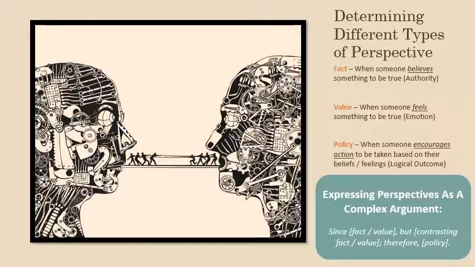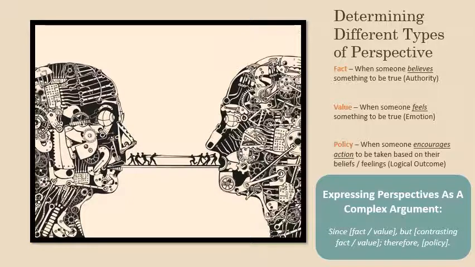So when we express that as an argument, so once we figure out what is this person's perspective, or what are this person's perspectives, because oftentimes there are a few, then we can state it as an argument, a three-part complex argument. Usually the way that you do that will be, the first part will be a since statement.